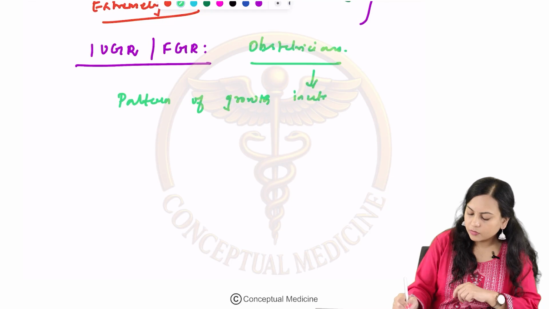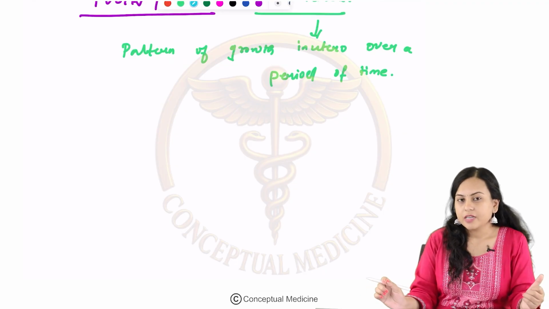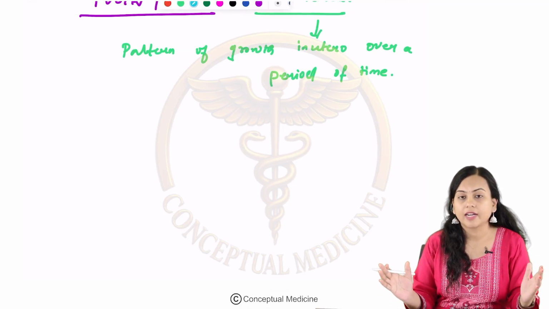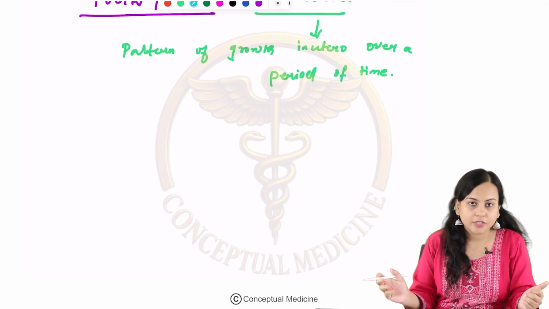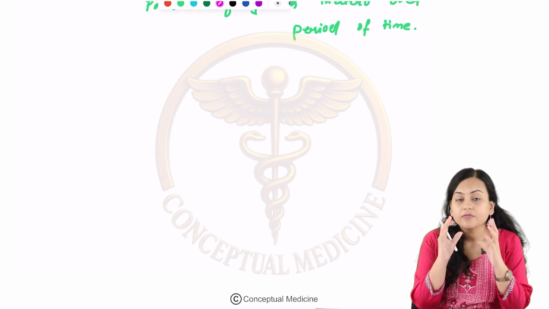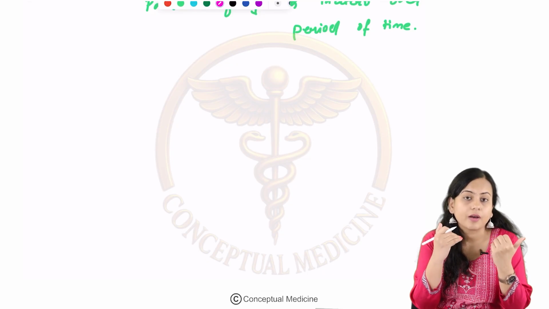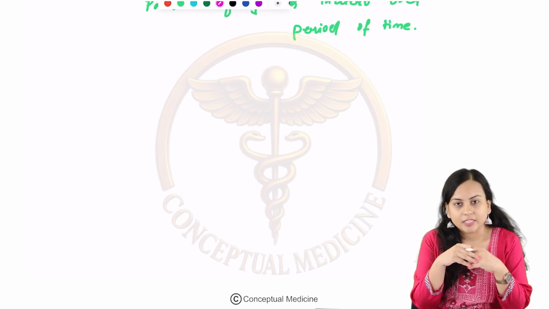In this type of growth restriction, there is some pathological process involved. The fetus is not going to attain its genetic growth potential, and that may result in perinatal mortality or morbidity. So there will be an increased risk of perinatal mortality and morbidity.